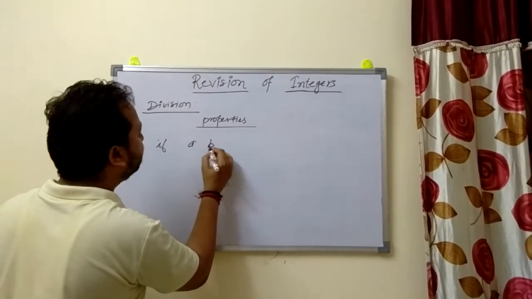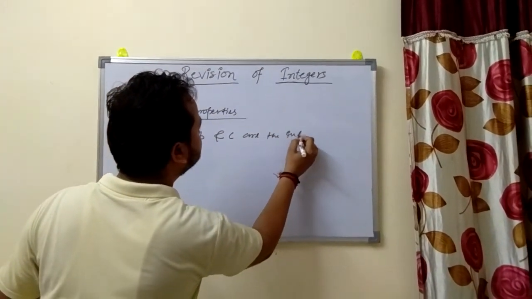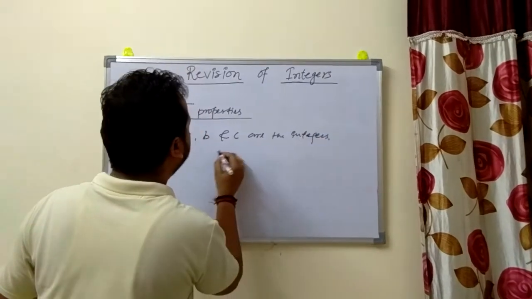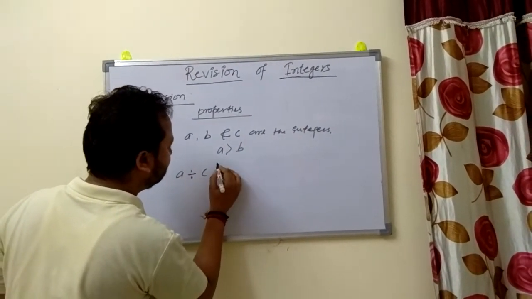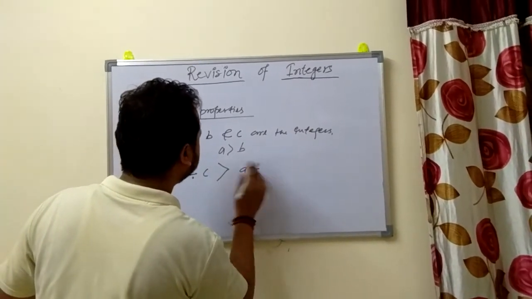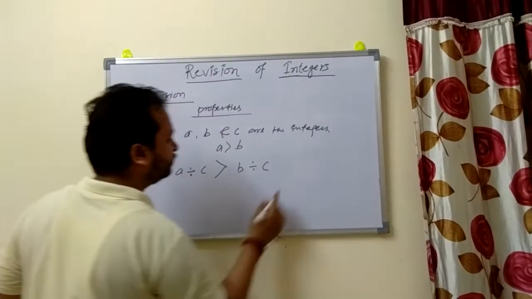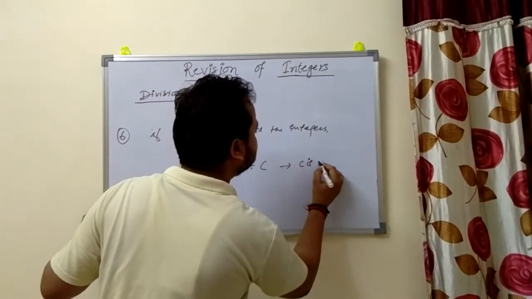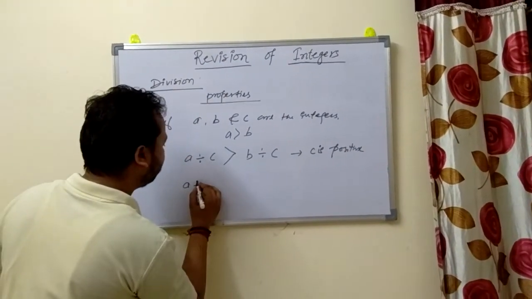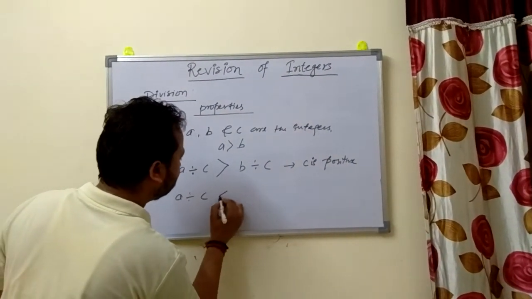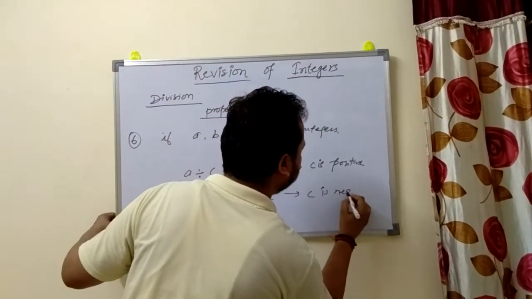If a, b and c are integers and a is greater than b, so a divided by c is greater than b divided by c if c is positive, and a divided by c is less than b divided by c when c is negative.